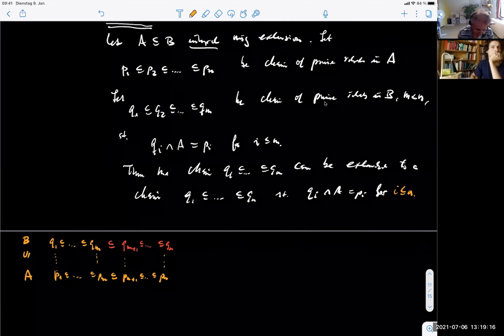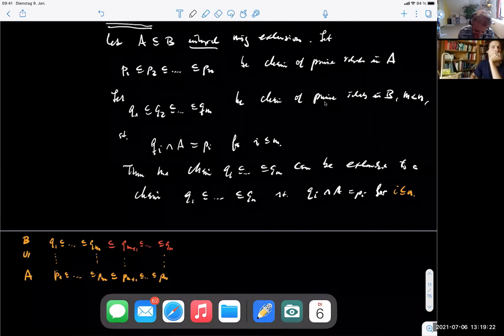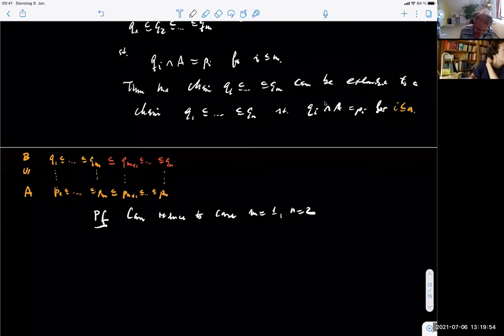Okay. So proof. If you look at this, then you immediately see that we can reduce to the case m equals 1, n equals 2. That's what I want to say. So this is the situation.